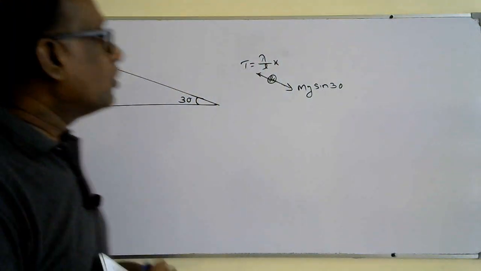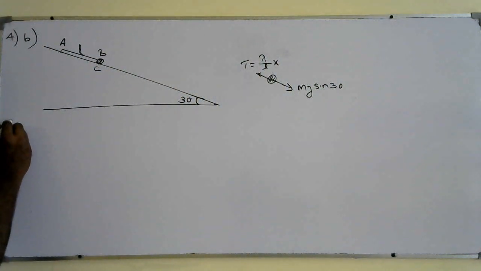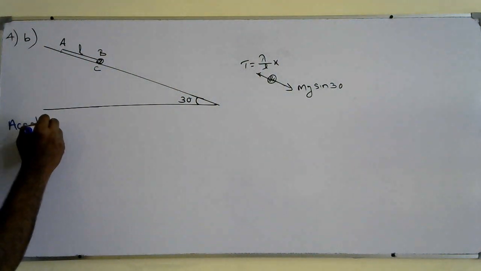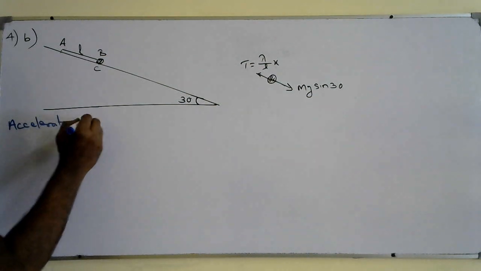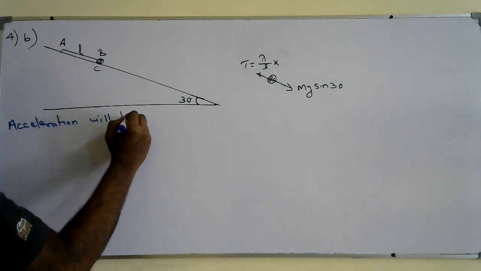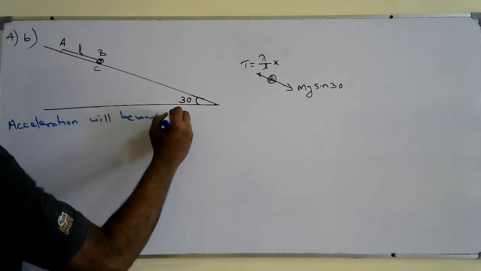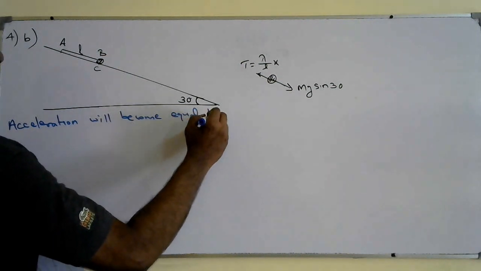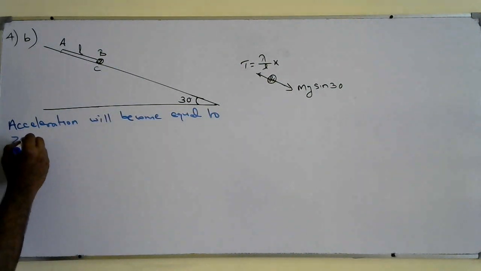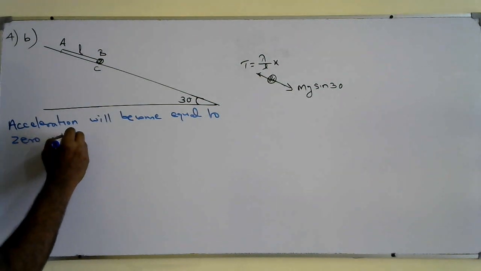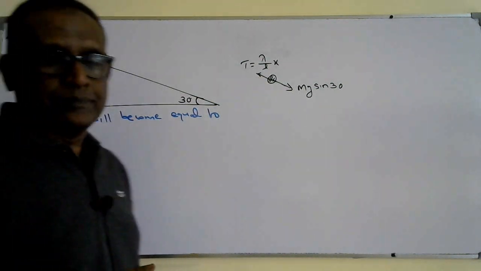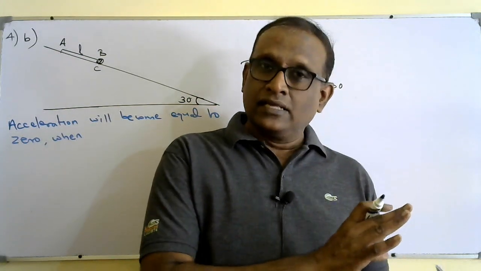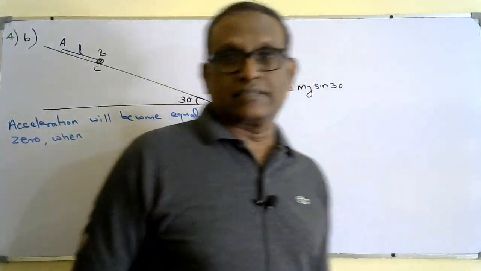So we will find what the extension is at which the tension becomes equal to mg sine 30. Acceleration will become 0, just at that moment. Beyond that, the motion will have deceleration.